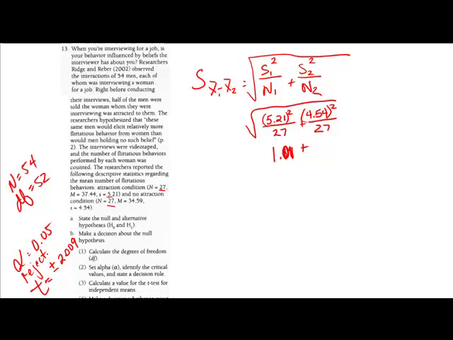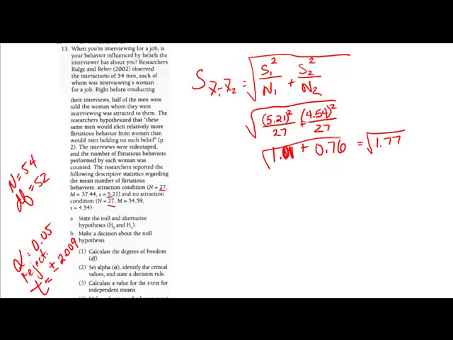Divide that by 27. 0.763, so let's call that 0.76. 1.01 plus 0.76 is 1.77.